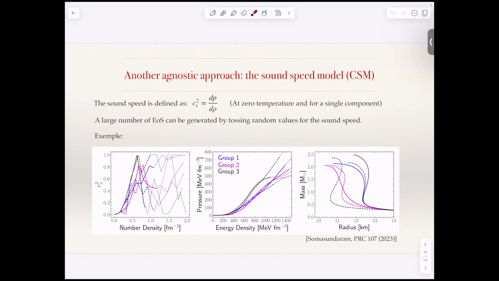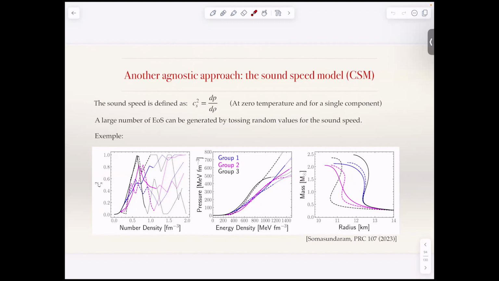You have knowledge due to your training, but assume that you are totally ignorant with respect to any microscopic interpretation of the sound speed, and assume that the only thing you know is the agnostic approach. Then you cannot say anything.